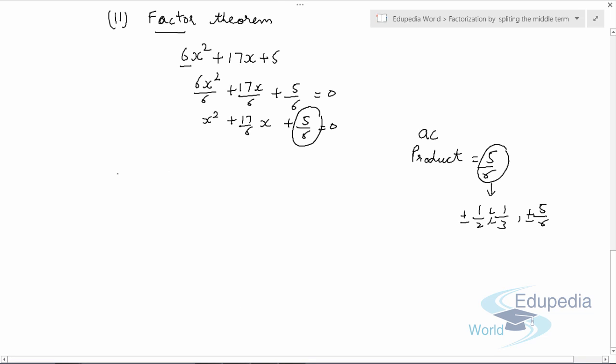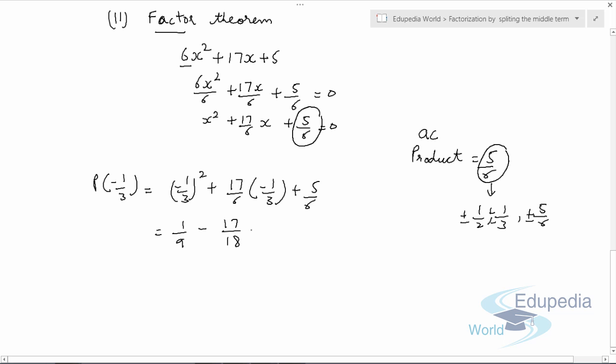Now suppose we check p of minus 1 by 3. When we apply p of minus 1 by 3, we get minus 1 by 3 whole square plus 17 by 6 into minus 1 by 3 plus 5 by 6. So we get 1 by 9 minus 17 by 18 plus 5 by 6. Next we have to take an LCM.